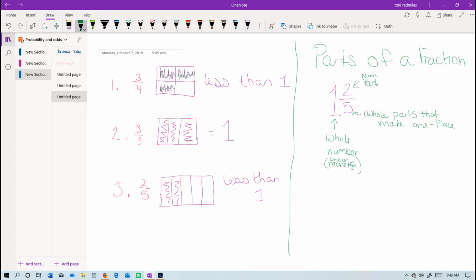Just like when we were modeling decimals, we had to make them all out of 10 because that was the place value. When we model fractions, we do the same thing. The 5 tells me how many pieces I have. It's like my place value. This particular number is called a mixed number, because it's a mix of whole numbers and fractional parts of a number.